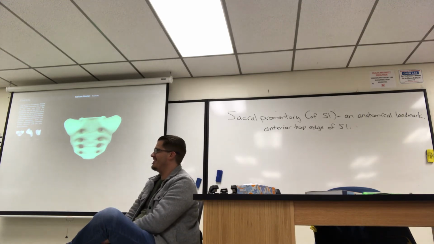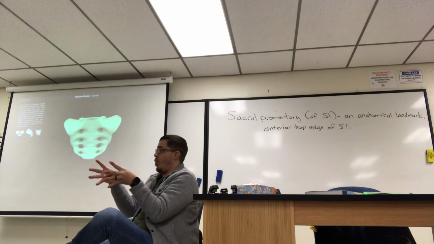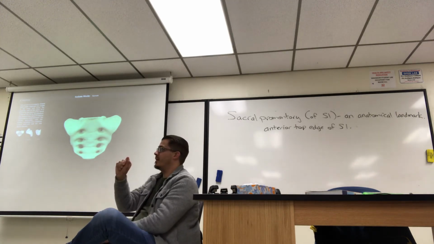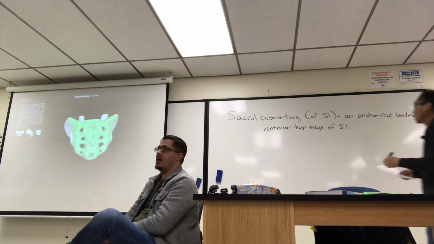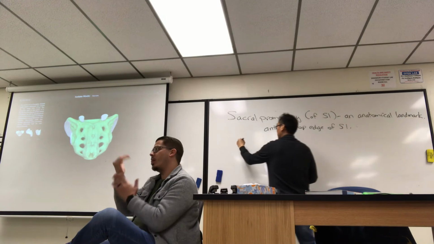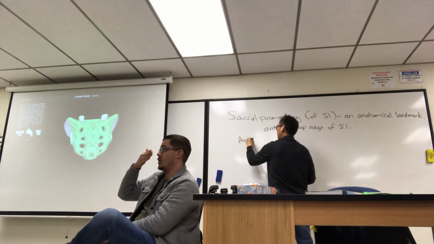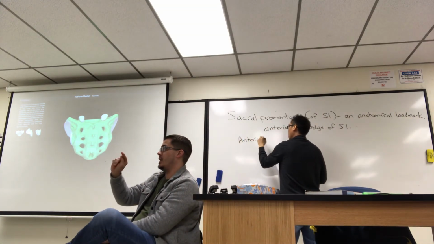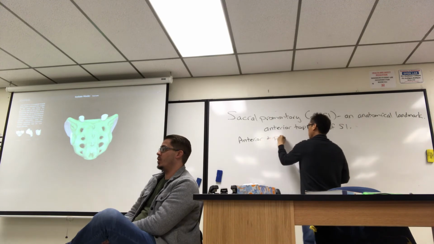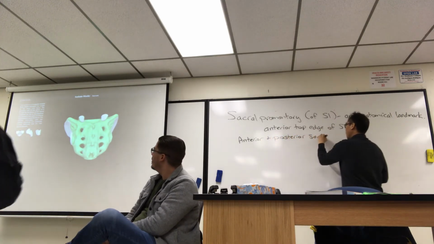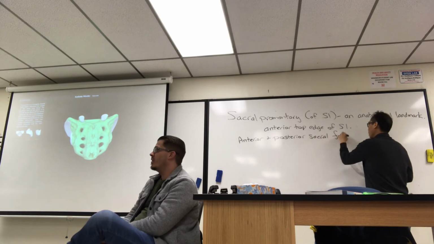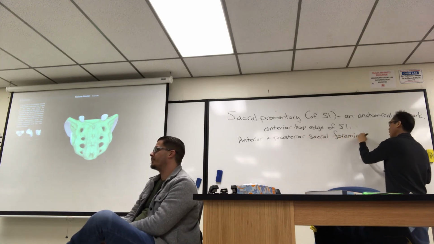This is the anterior view, so we just call them anterior sacral foramina. And if you see it from the posterior view, just call them posterior sacral foramina. So I'll just list it as anterior and posterior sacral foramina.